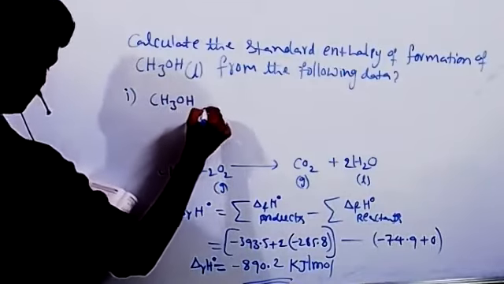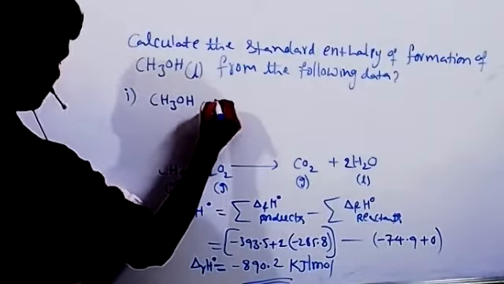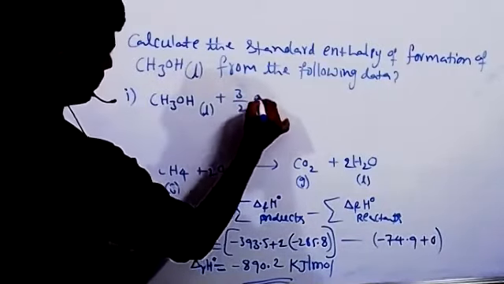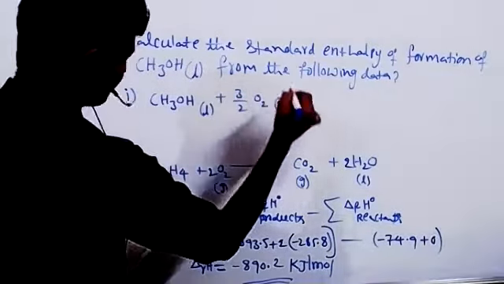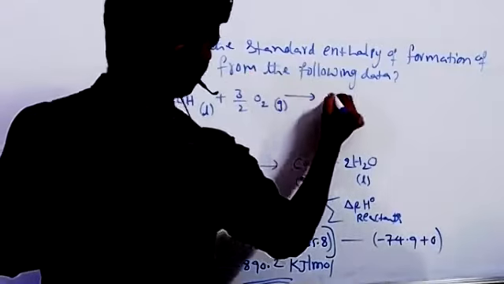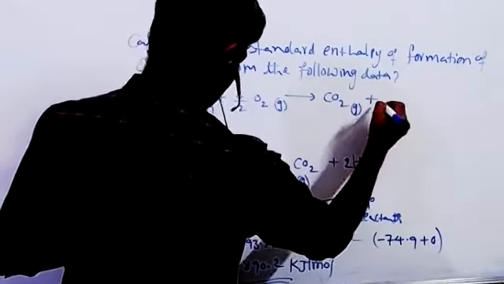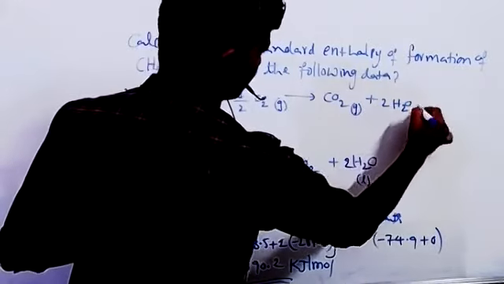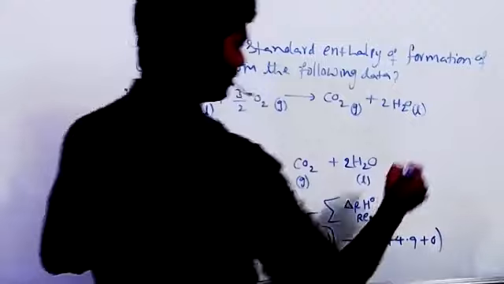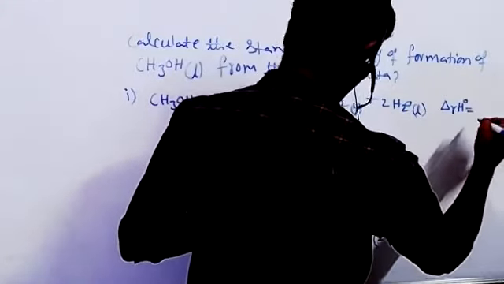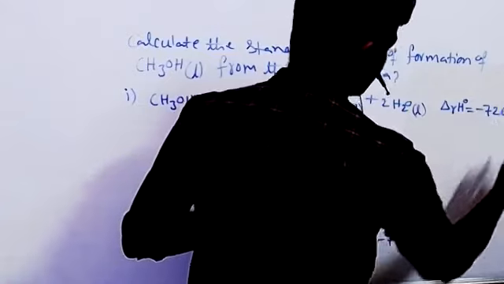CH3OH liquid plus 3/2 O2 gives CO2 gas plus 2H2O liquid. The enthalpy of reaction is minus 726 kilojoule per mole.